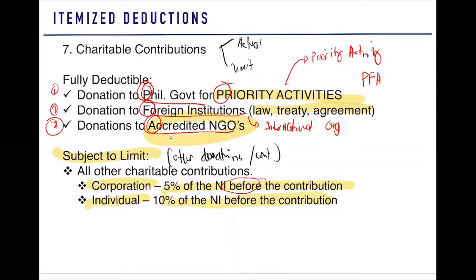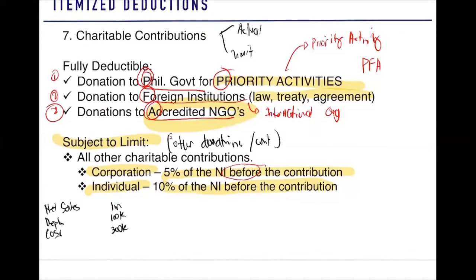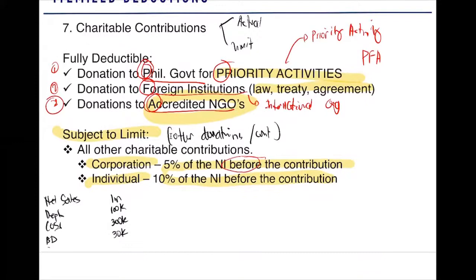So how do we apply that? Let's say, for example, we have your sales or receipts. Let's say we have net sales of 1 million pesos. You have depreciation of 100,000. We have cost of sales of 300,000 pesos. We have bad debts of 30,000 pesos. We have salaries and wages of 250,000 pesos.